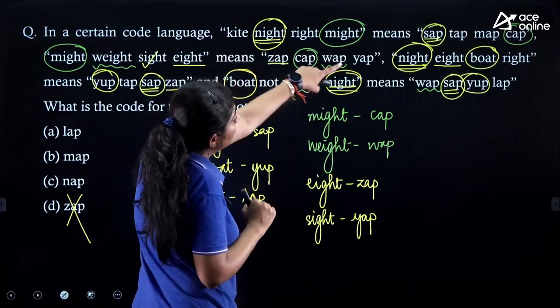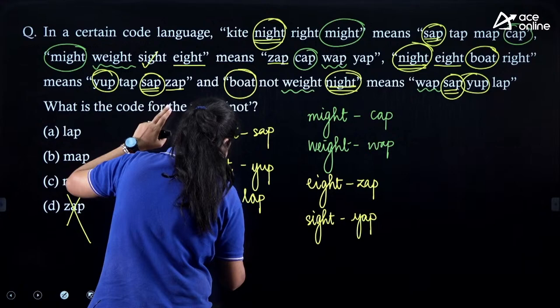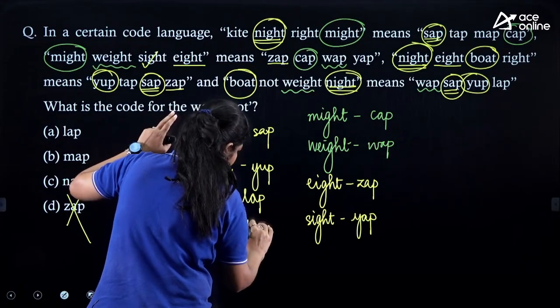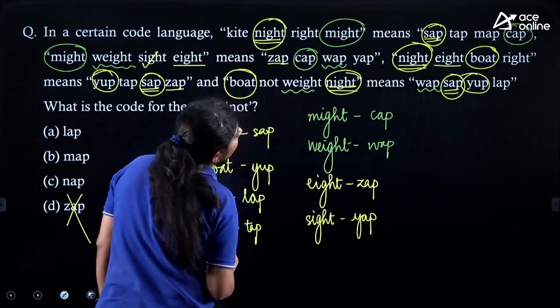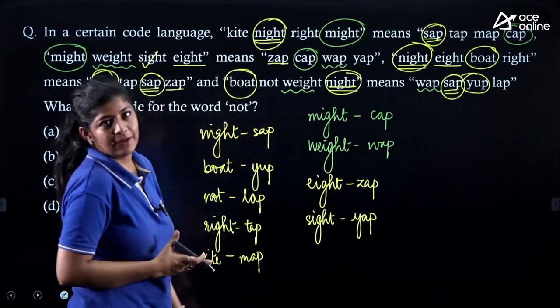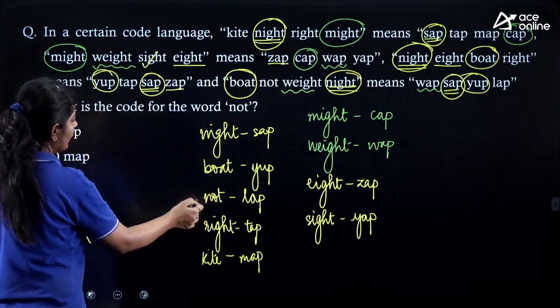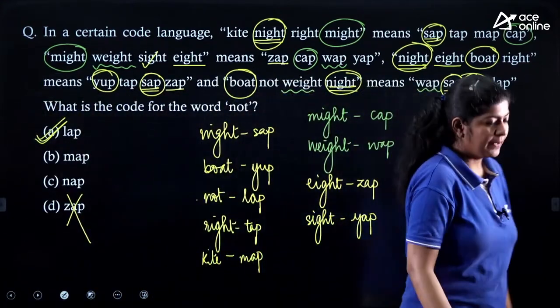And I guess in the third one, we are only left with right, and the code for right is tap. So the code for kite is nothing but map. So basically these are all the clues that we are having over here, and accordingly we got our answer as option number A.